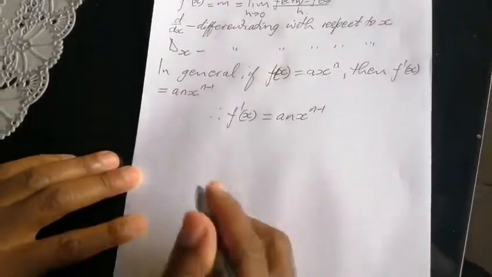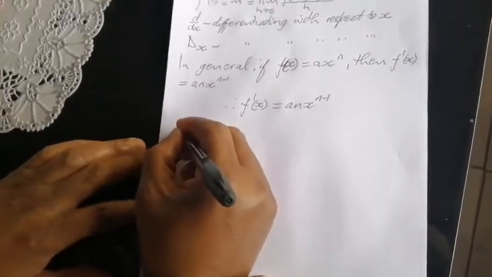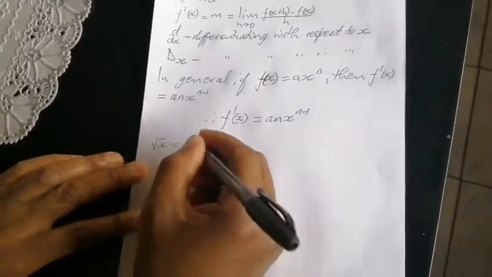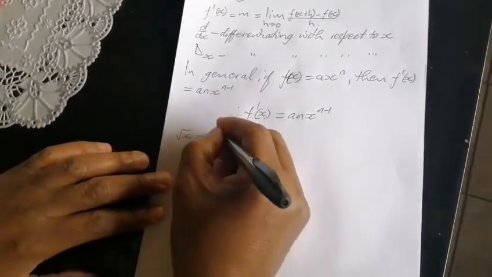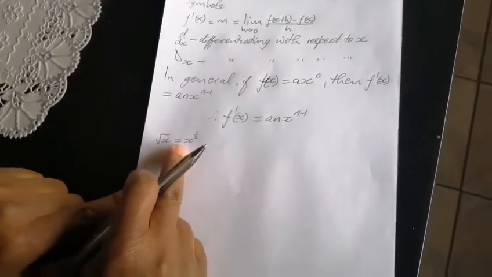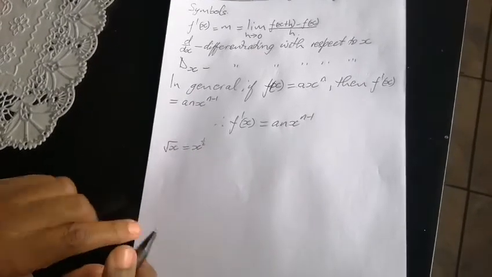Important for us to bear in mind is that we do not differentiate anything like root of x. We first of all write it in the language of exponents, which we all know it has a power of half. So now we can differentiate. Very, very important for you to notice.